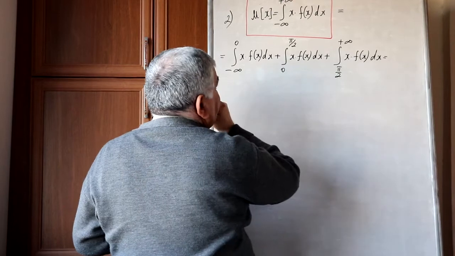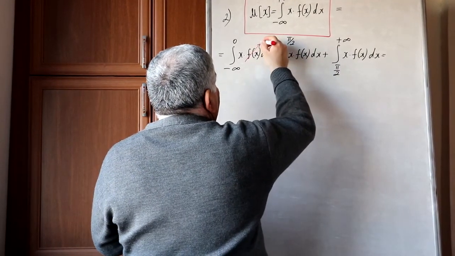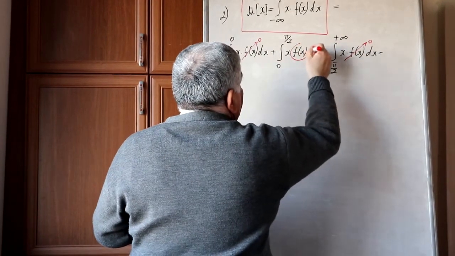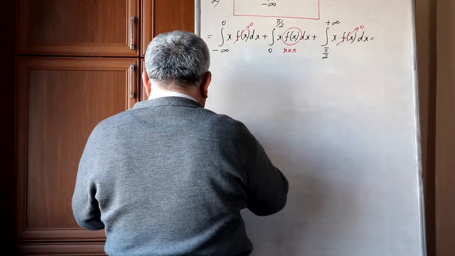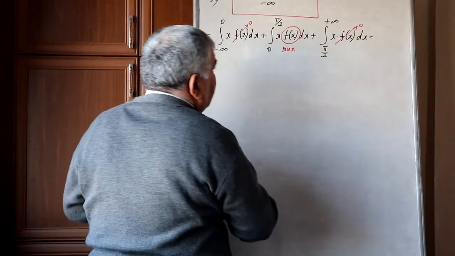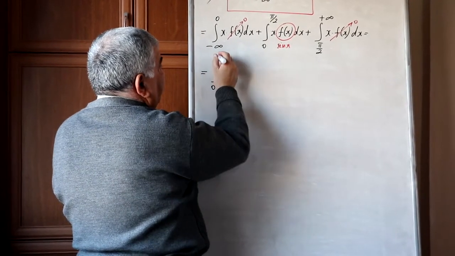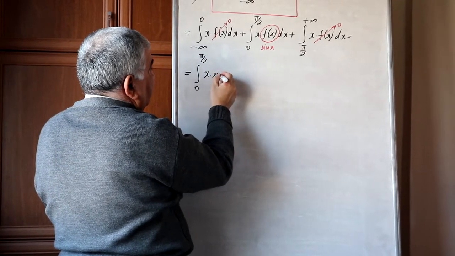In the first and third integrals, f(x) is zero, and in the middle integral, according to the condition, it is sine x. Then we obtain the following integral from 0 to pi in half of x sine x dx.